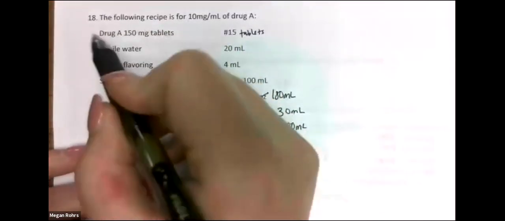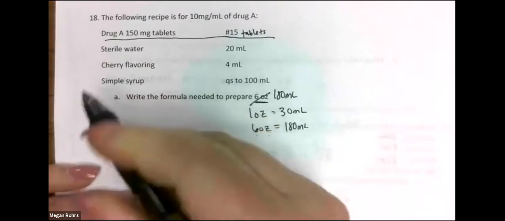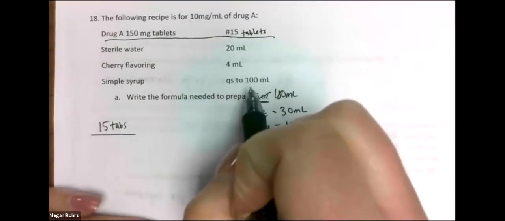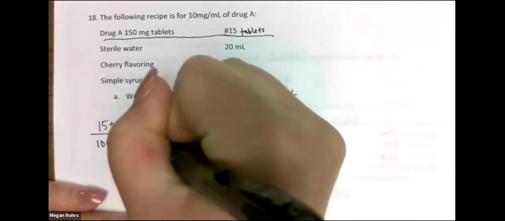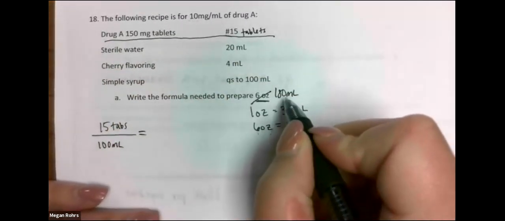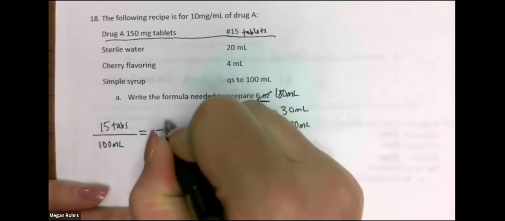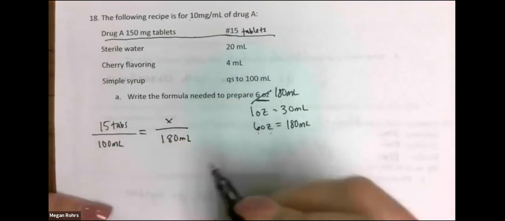So let's start looking at each drug individually. So drug A, we know that we need 15 tablets in a total of 100 mils. Now we're trying to make a formula to make a total of 180 mils. So what we can do is just set that equal to x over 180.